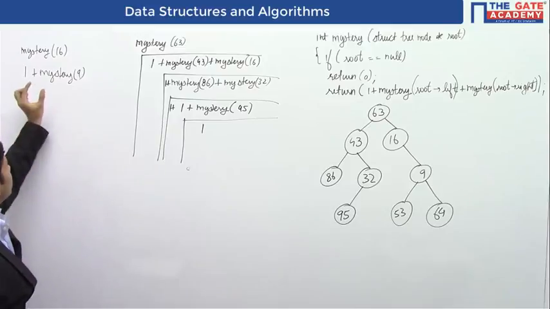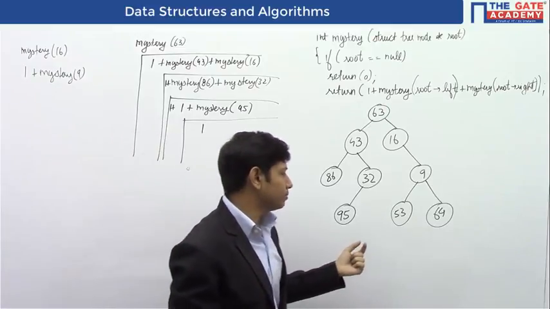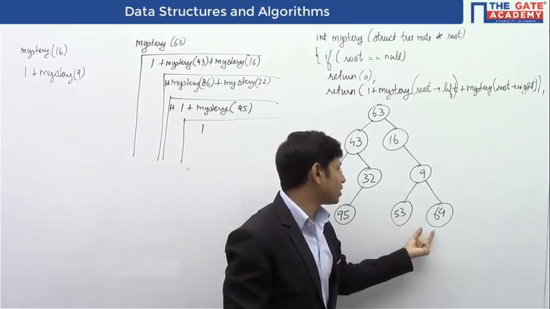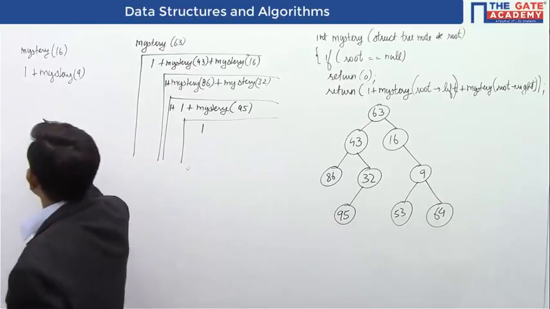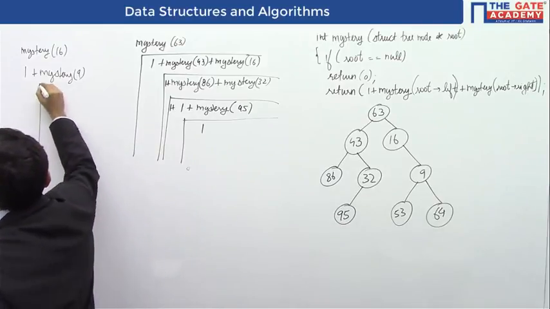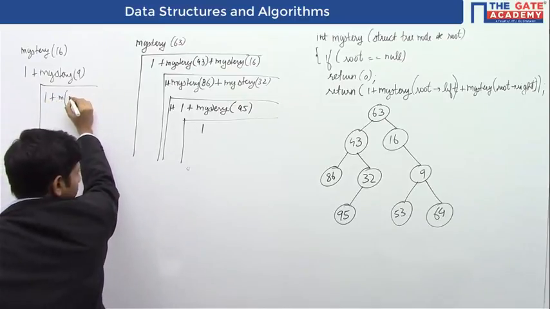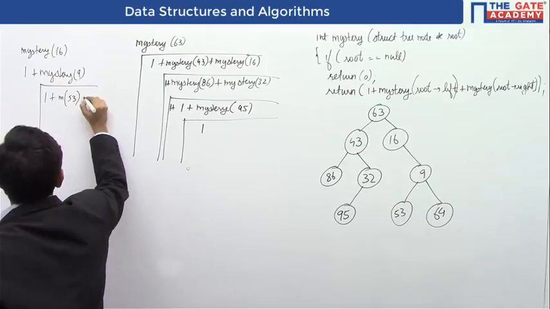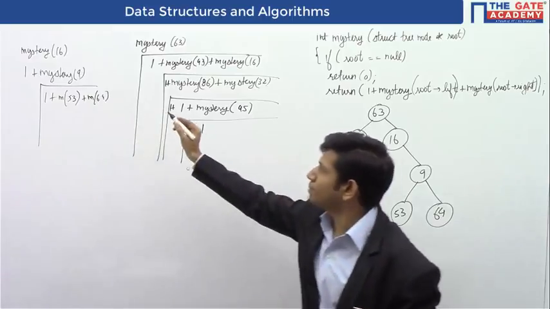Now we have this function call remaining, mystery of 9. Let's see what it will return. It has both a left child and a right child. So it will call two functions. So what will mystery of 9 call?